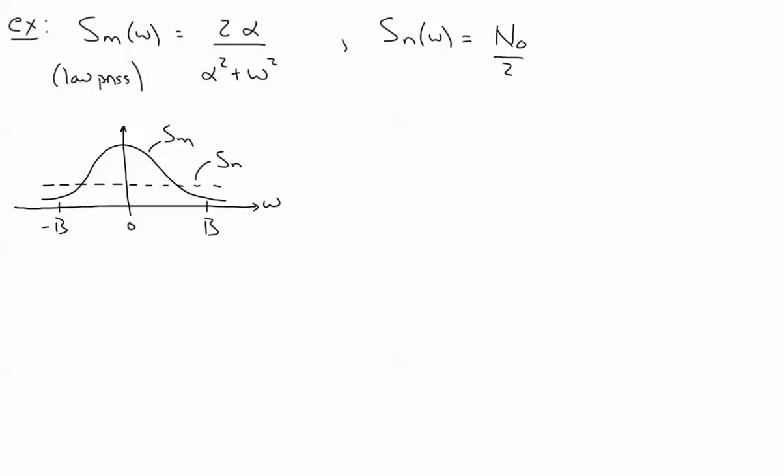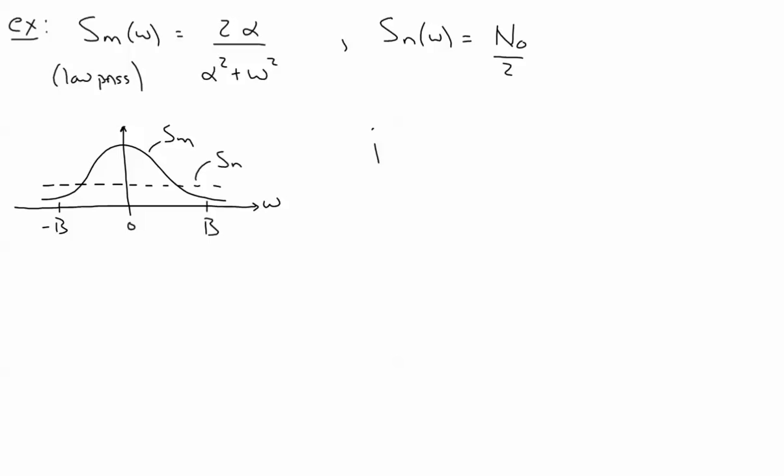Okay, B is not the bandwidth of my message. And oh, by the way, I noticed as I'm looking ahead into my notes on the next couple of pages that I solved this example in radian frequencies. I apologize for switching, but I'm going to go ahead and proceed using radian frequencies.